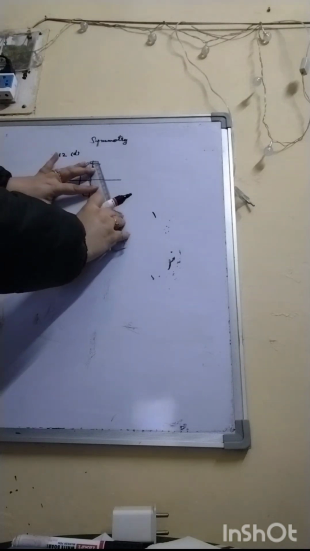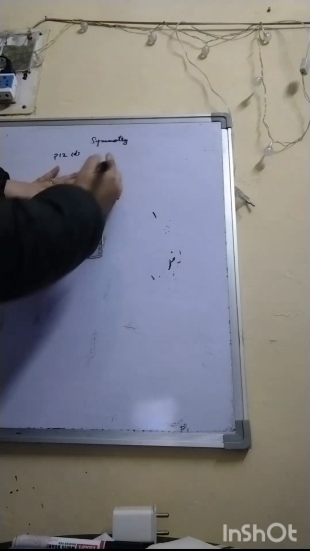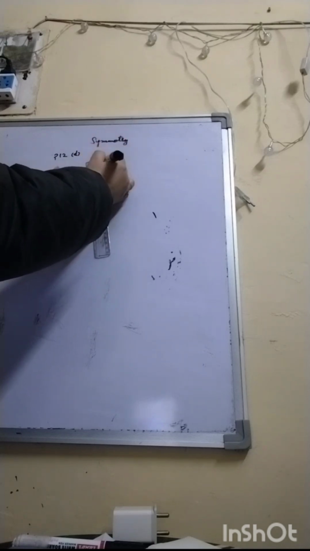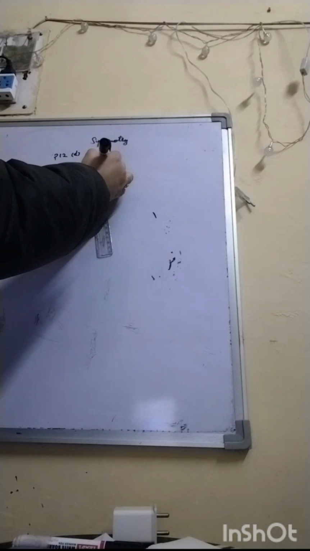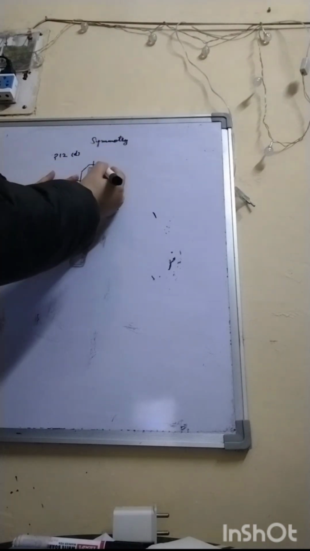Now the vertical line of symmetry, 1 centimeter horizontal.